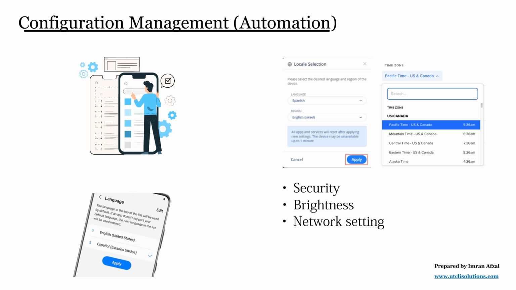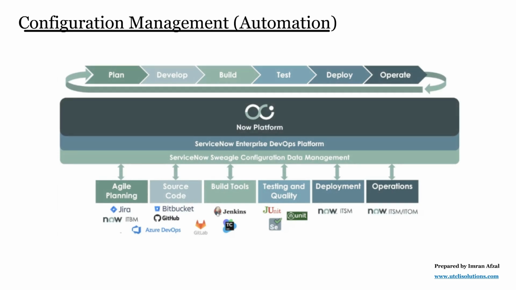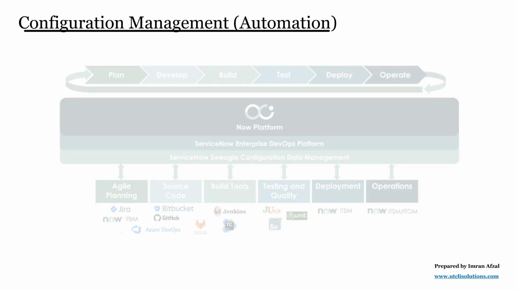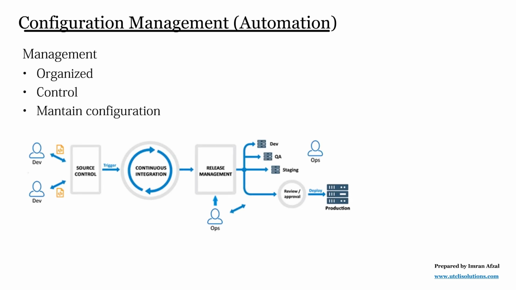So, in other words, the parameters and options that determine how a software application operates and behaves are known as the configuration of any system. Management is the way to organize, control, and maintain these configurations, processes, or any activity according to your desired criteria.